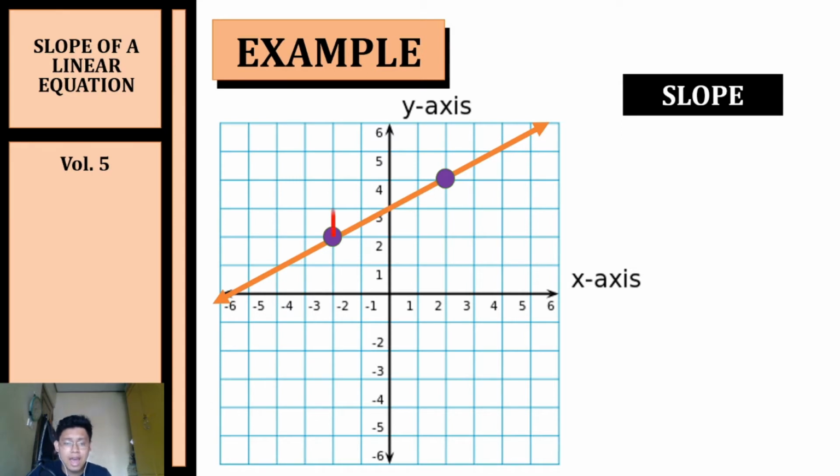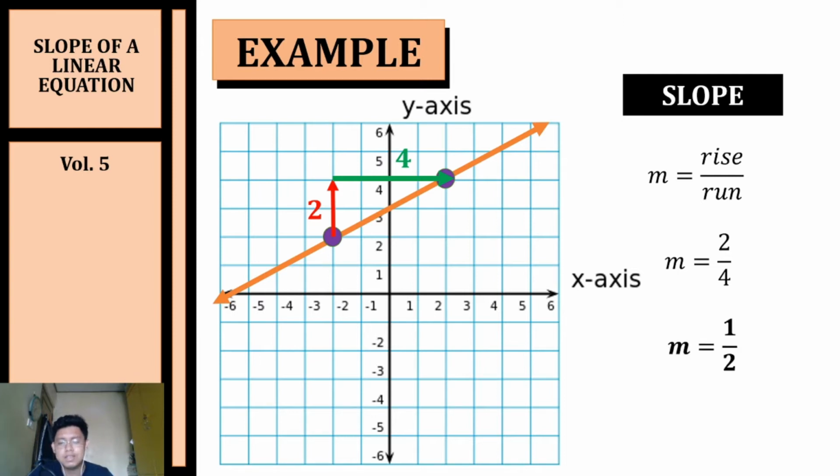Here we have 2 units going up, and then we identify the run, how many units going to the right. We have 4 units to the right. Using the formula rise over run, we substitute the rise in the numerator and the run in the denominator. So we have m is equal to 2 over 4. Simplifying this, we have our final answer: the slope is equal to 1/2.